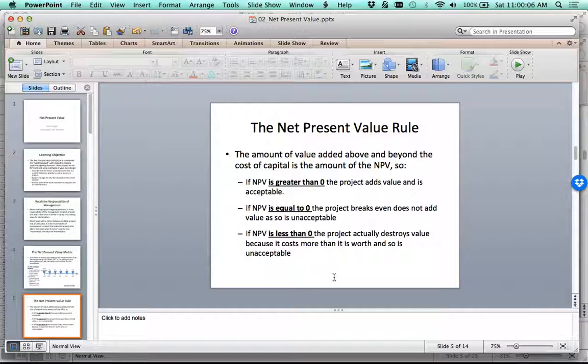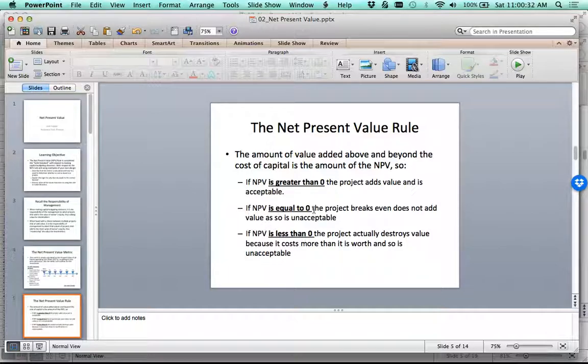So in our example, the $444 is how much additional value in present value terms the project adds above and beyond the 10% per year cost of capital. And so if the amount added, which is the NPV, is greater than 0, then the project adds value. So thumbs up, you're going to do it.